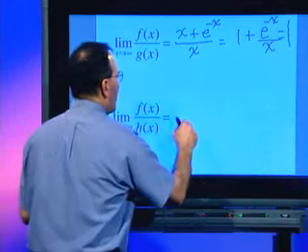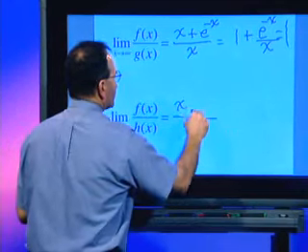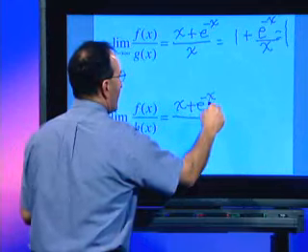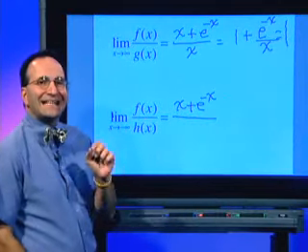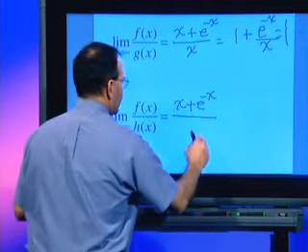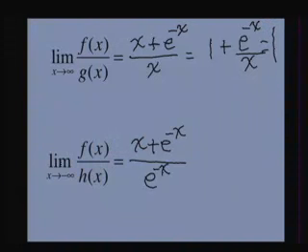Again, the function f of x is x plus e to the negative x, and they asked us to use, in this problem, h of x is e to the negative x. Once again, we can separate the two of these out, and we will get x over e to the negative x plus 1.